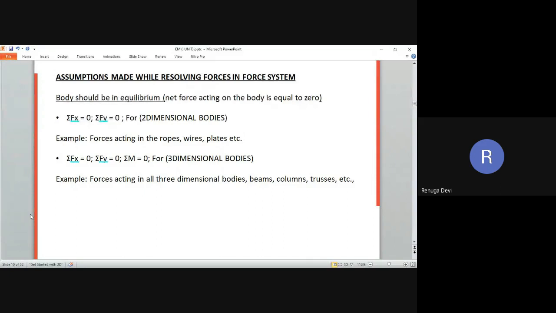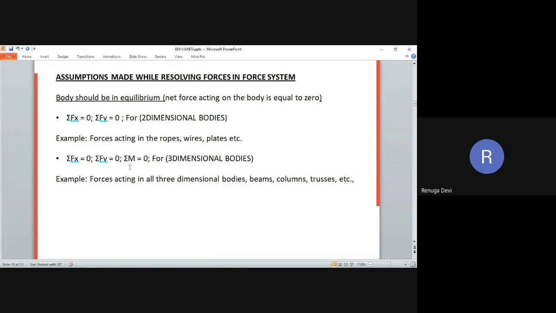But how can you say that if it is in a moving condition? Suppose you are riding a bike, then how will it be stable? You can ask like this. There you will get more amount of forces. That force is also balanced or in equilibrium with the help of the mass of the body. So that is called dynamic equilibrium.